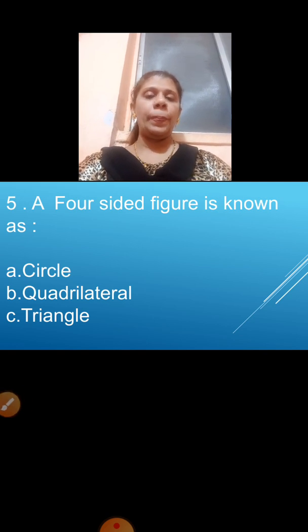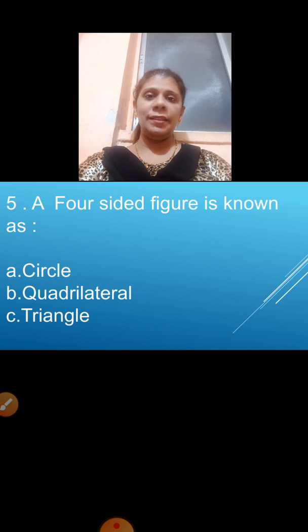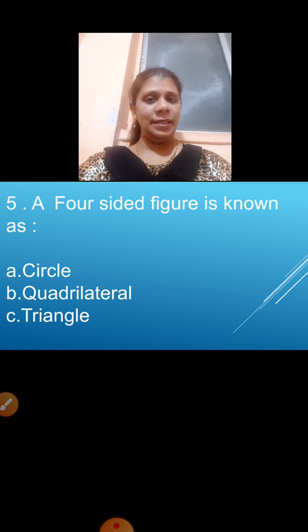Next question. A four-sided figure is known as circle, quadrilateral, triangle.